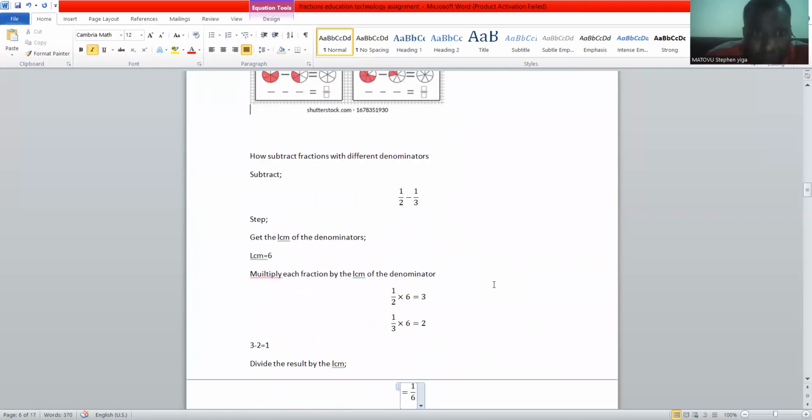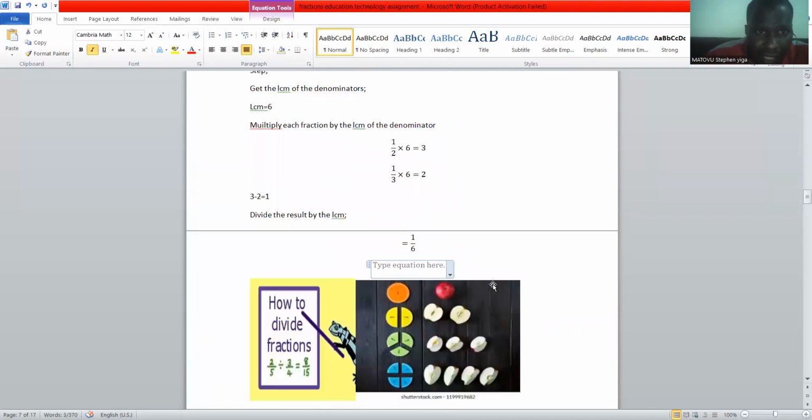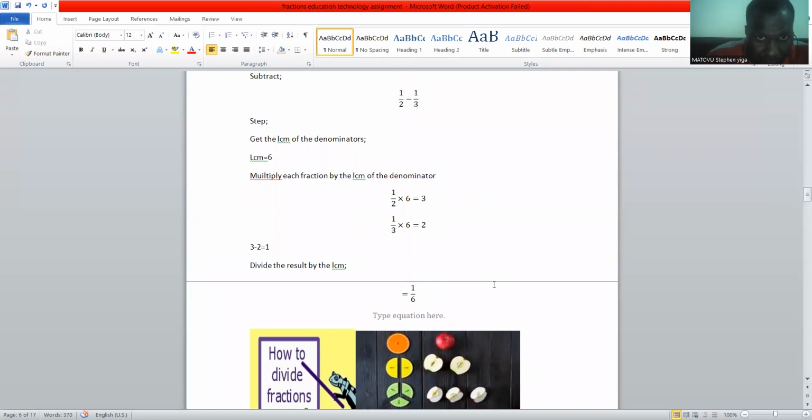Then, how do we subtract fractions with different denominators? The procedure will be similar to the one in addition. How? The first step is getting the LCM of the different denominators. The LCM of 2 and 3 is 6.